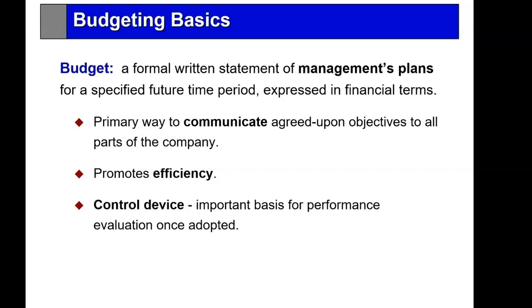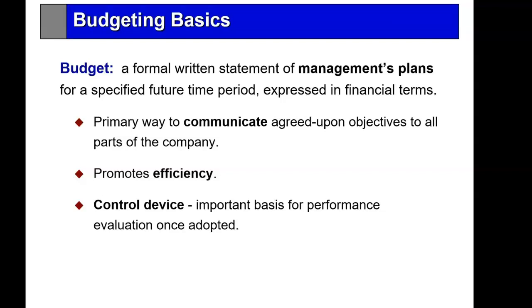Okay. So this requires all managers to sit down together and plan. Of course, they're planning their own area of responsibility. They're planning the activities they're going to be doing in their area, but they're also aware now of what the other managers are doing in their area.